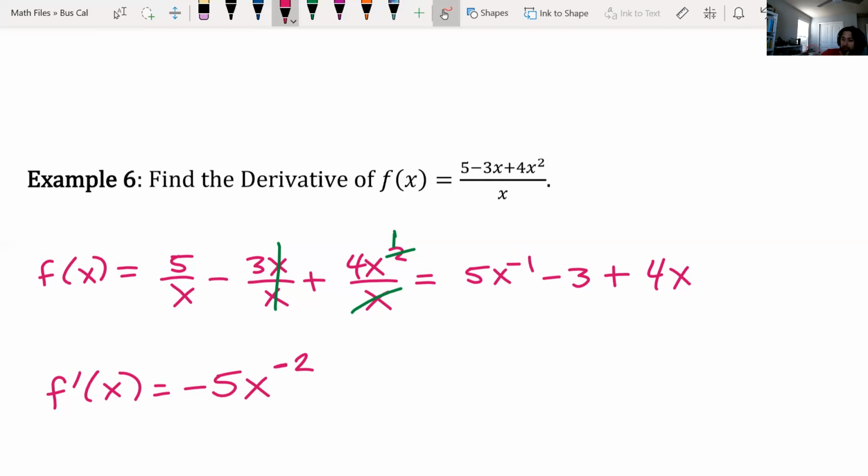Good. And now, what's the derivative of negative 3? 0. So I'll just say minus 0 plus, what's the derivative of 4x? Just 4. That's it.